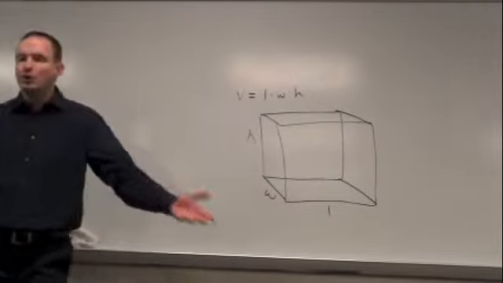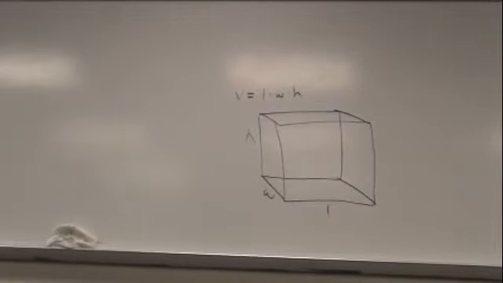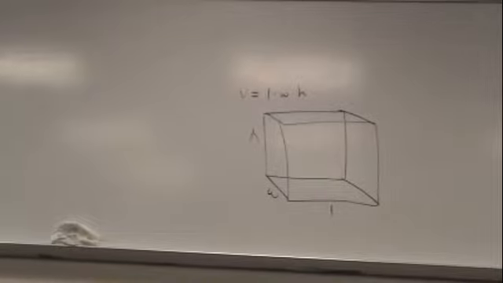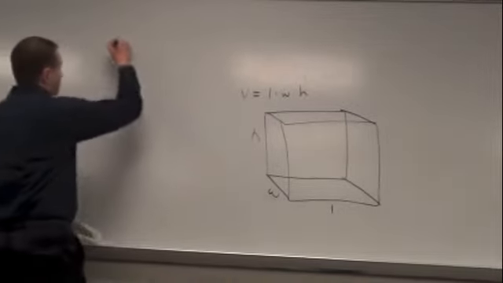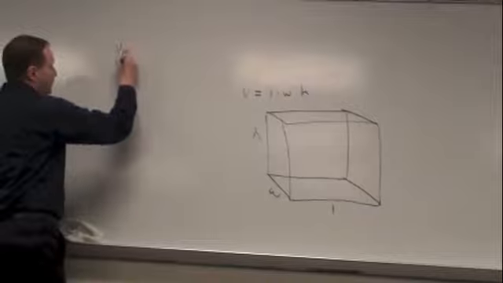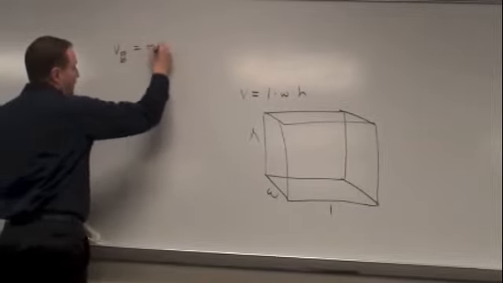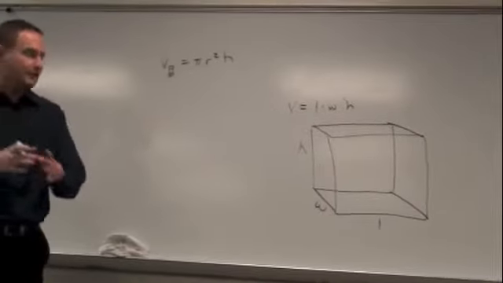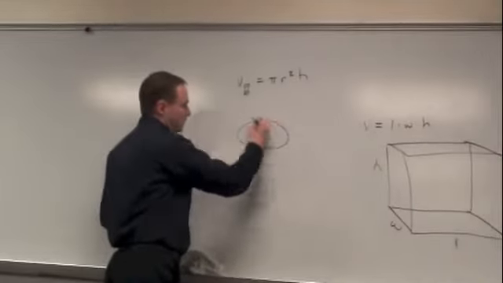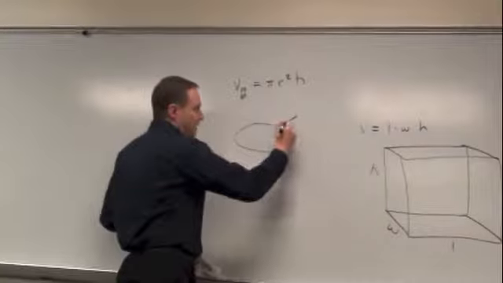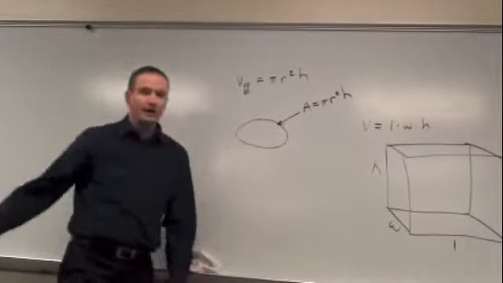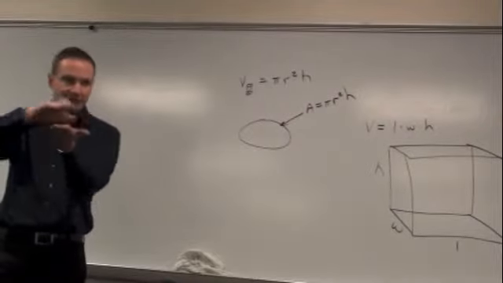That's why. There's a reason the volume of a cylinder is pi r squared h. All it is, is the area of the face of the cylinder, which is the area of a circle. You'd say, hey, area of that is pi r squared. How do I go from the area of the face to the volume?